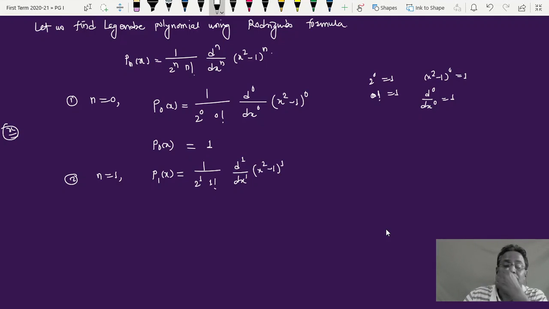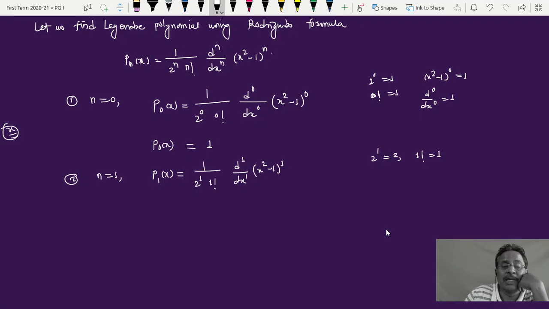Now 2 raised to 1 is 2, 1 factorial is 1, and d raised to 1 upon dx raised to 1 is d by dx, and x square minus 1 raised to 1 is x square minus 1.